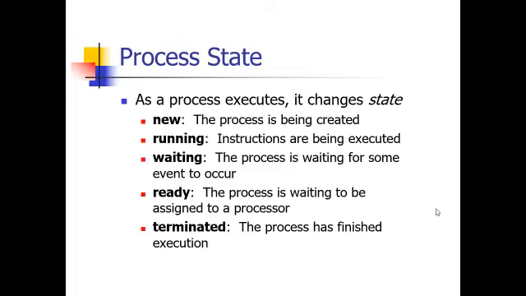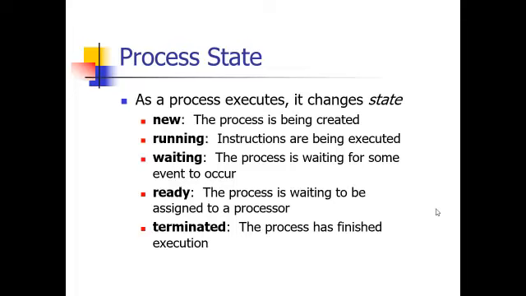Running means a particular process is at the moment using the CPU or the processor for execution. Sometimes when that process requires input output operations, it will be taken out from the CPU or the processor, and then it will be waiting until the particular event or input output operation completes.